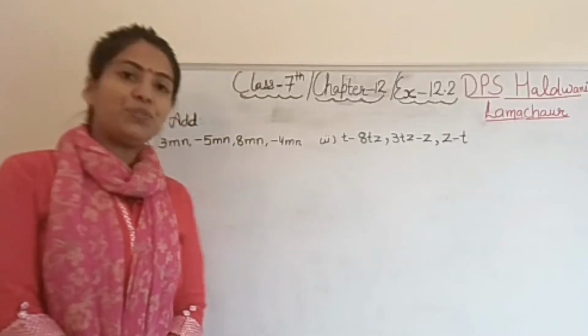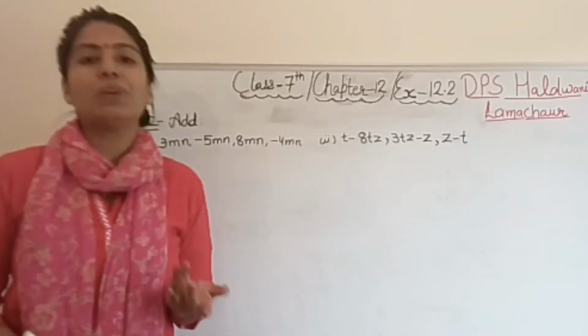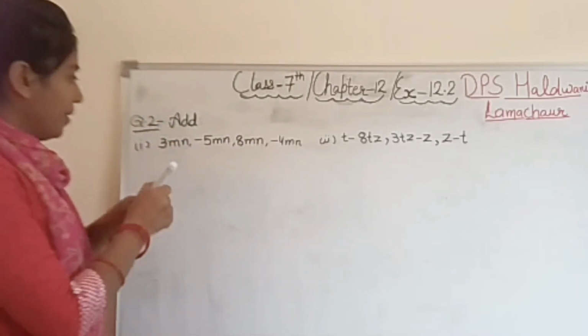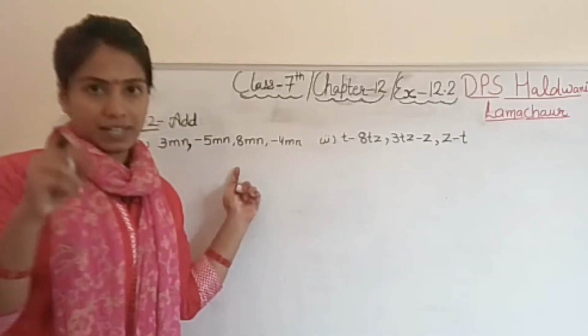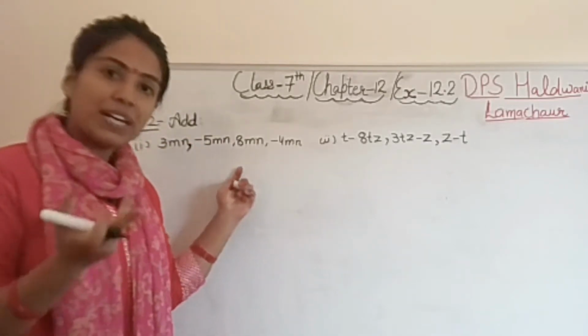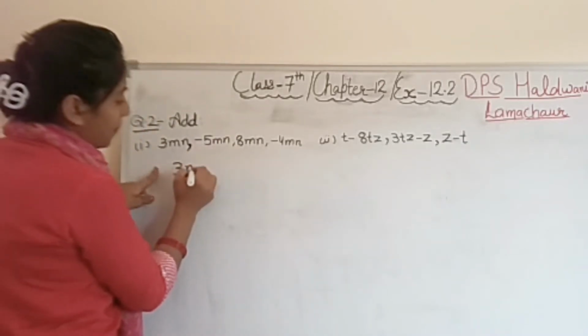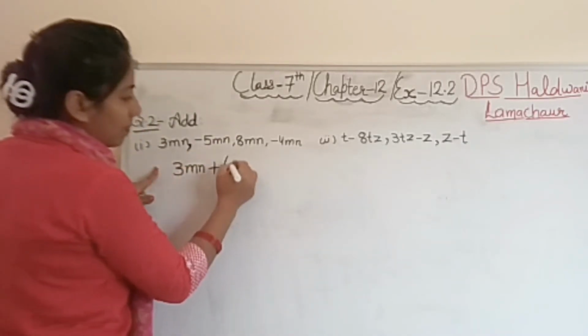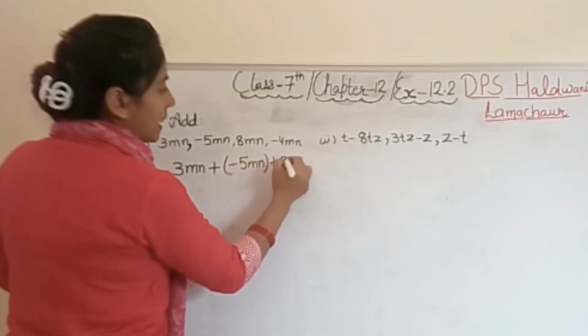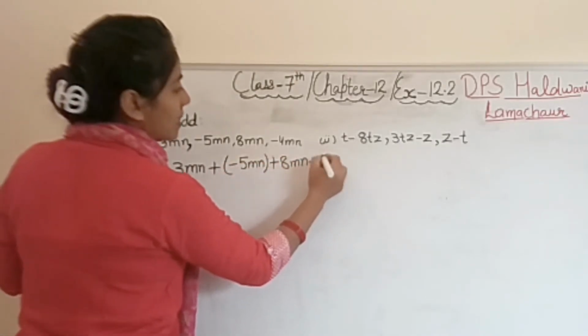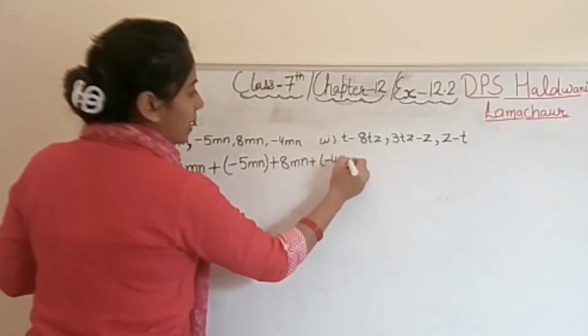Now student, in question number 2 we have to add the terms, right? So first of all, in the place of commas, we'll make an addition sign because the question is of addition, right? So 3mn plus in the bracket minus 5mn, now plus 8mn plus minus 4mn.